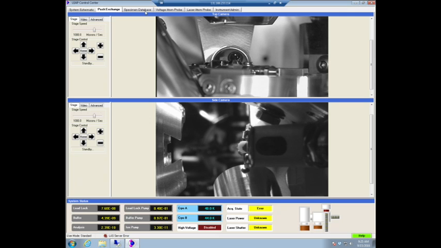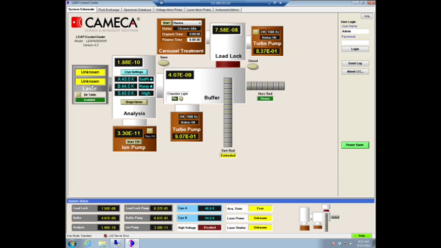Okay, so now we're in. And what you can see now is we might just integrate to fix whatever laser communication error we have.